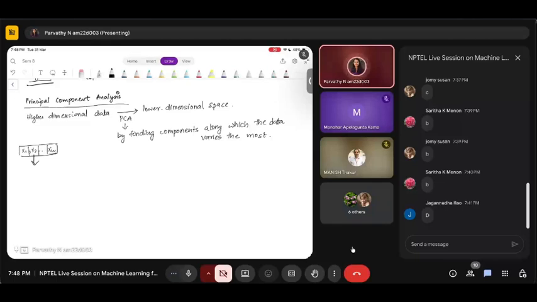So when you have a feature that varies a lot, that might contain enough information to help you classify. That is why we find the components along which the data varies the most.